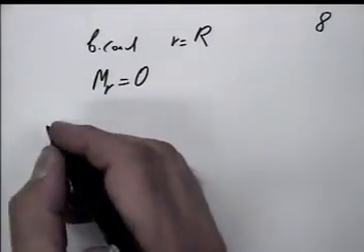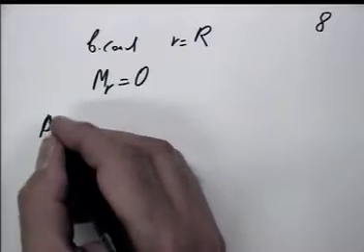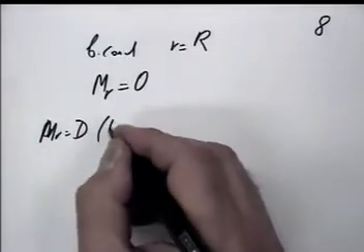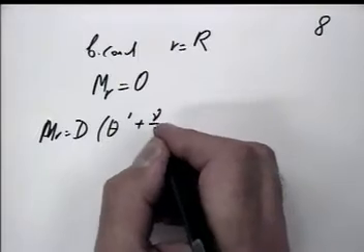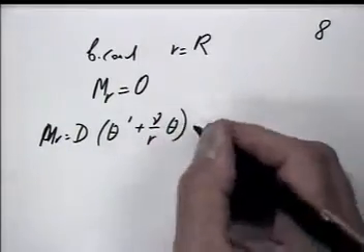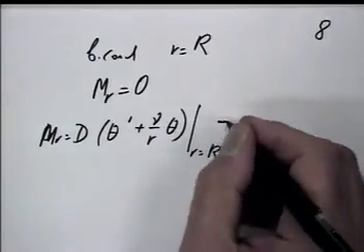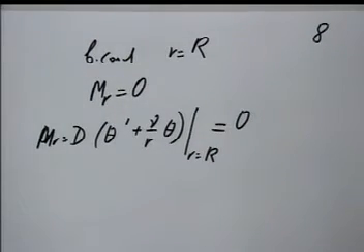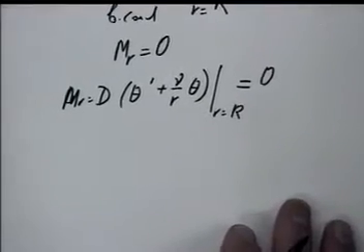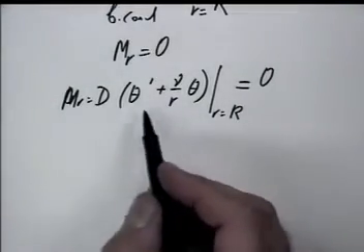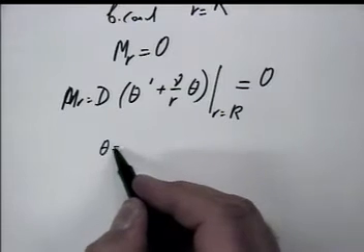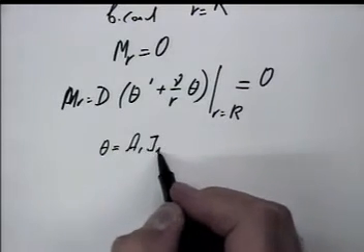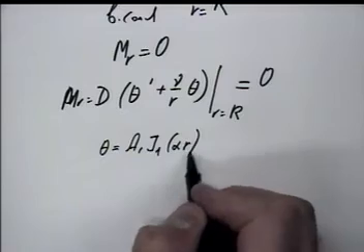Now that means when we found already MR. MR is D theta prime plus nu over r theta. So when r equals capital R, this must be 0. Then we substitute for theta the expression A1 J1 alpha r.